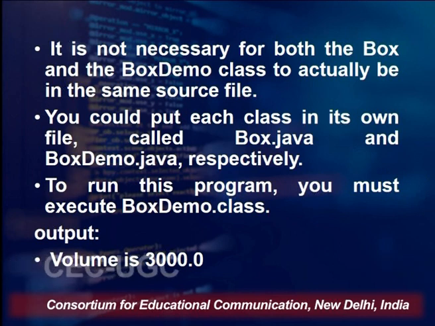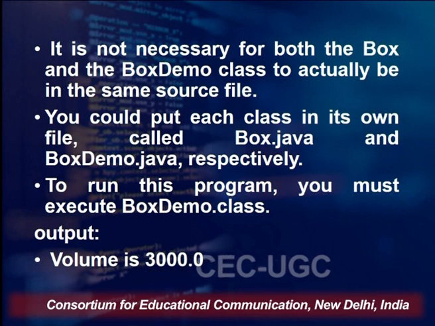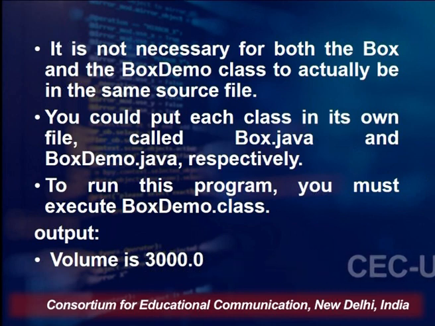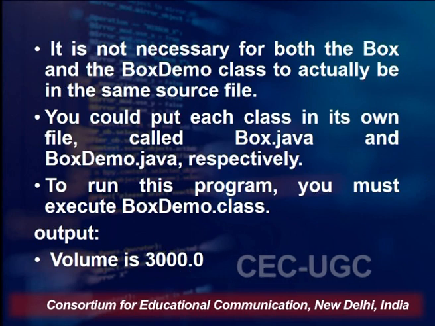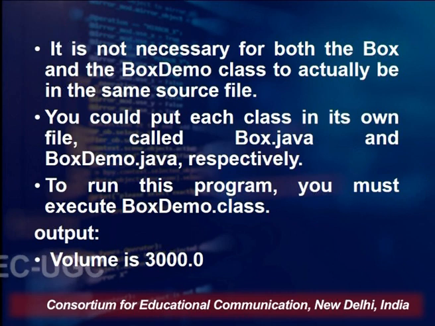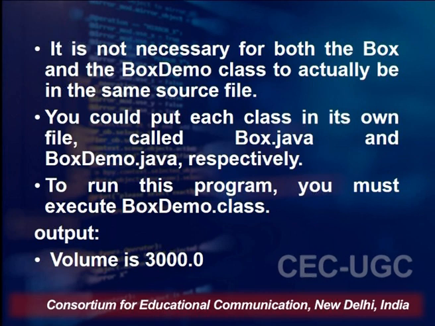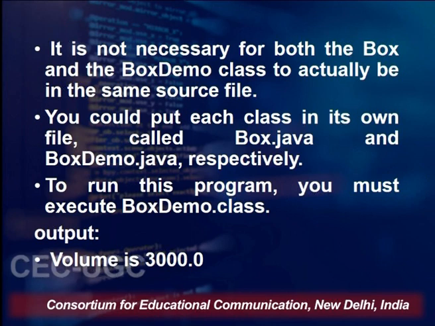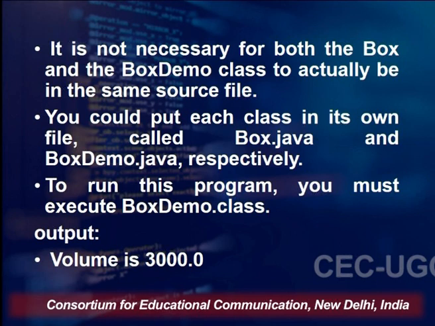In order to run the program, we need to execute the class which contains the main method, BoxDemo.class, by writing the command java BoxDemo. Please be very careful with the case sensitivity. The letter B in Box and letter D in Demo are capital, and you need to write it in the same manner, because Java is case sensitive.